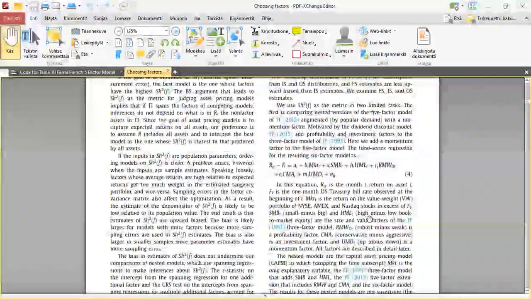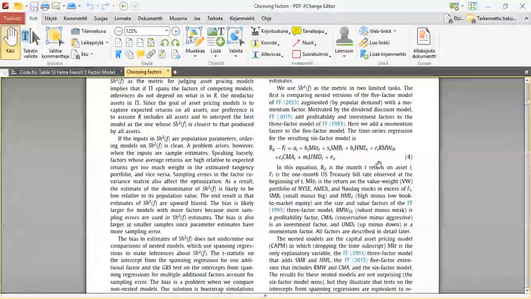So the model that you see here in equation 4 is the basic model, the 6-factor model that we are dealing with.